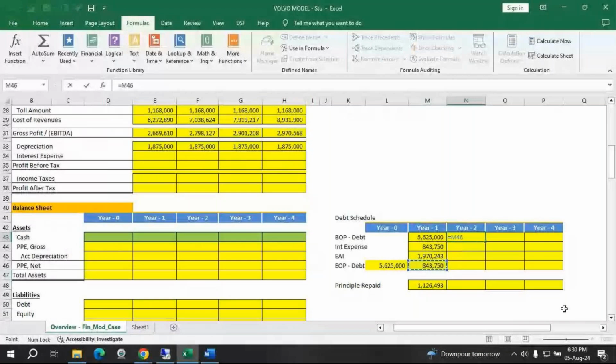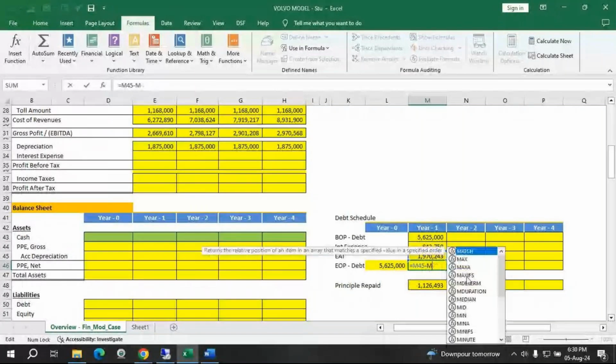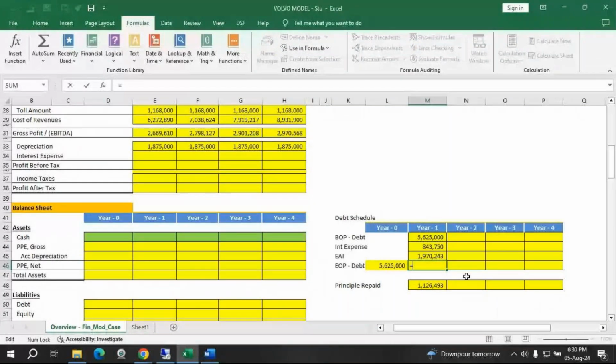Sorry, it is not this. One second. It is beginning of the loan minus principal repaid. Beginning loan amount, how much is it? 56 lakh 25,000.